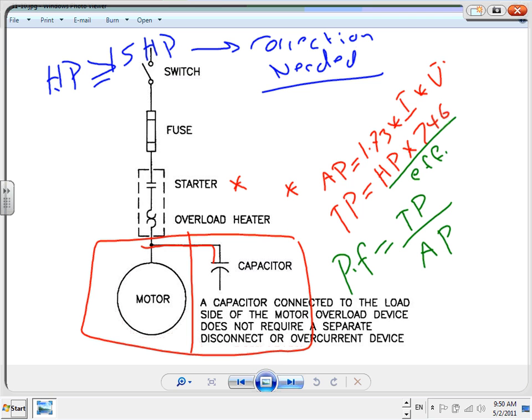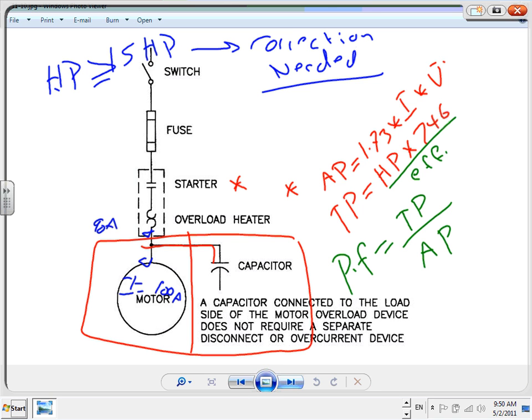Then you can size the overload, the starter and the fuse based on the corrected amps. Let me give you a very quick example. If the apparent amps the motor was taking was 100 amps, after you correct right here, it might go down to 90 amps.